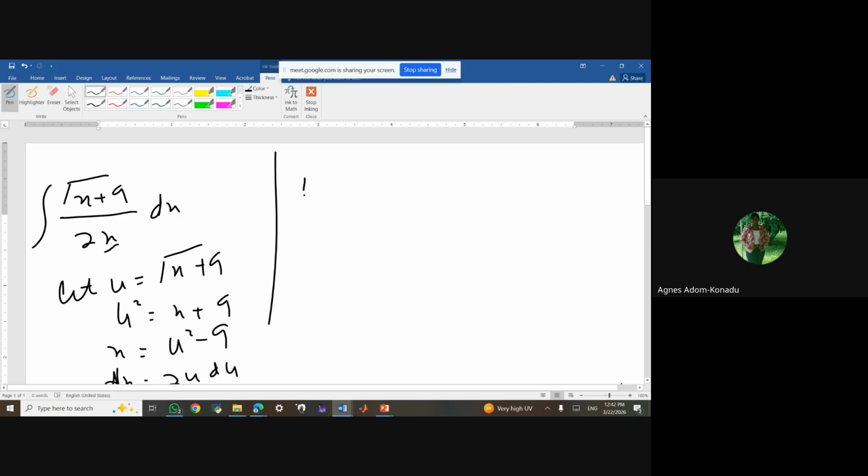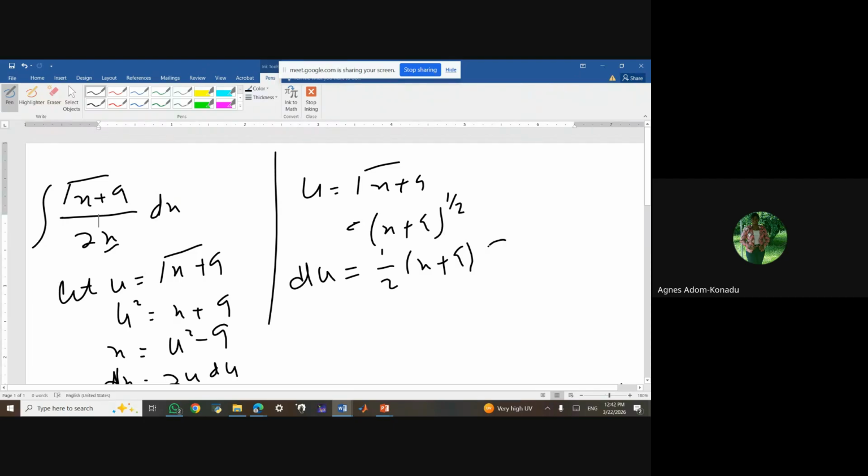So let's assume we have u equal to the square root of x plus 9, which is the same as x plus 9 to the power half. Then when I differentiate, du will be 1 over 2 times (x+9) to the minus half, times 1. Then I go and substitute, so my dx will be equal to du times 2 times this to the power half.